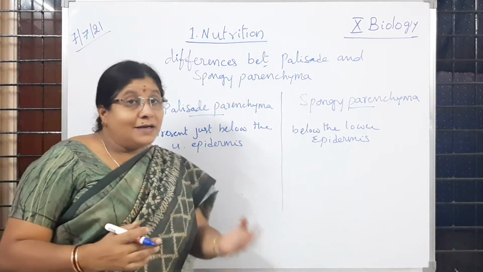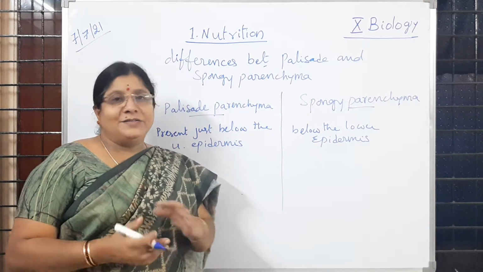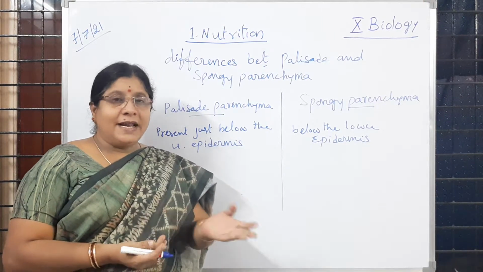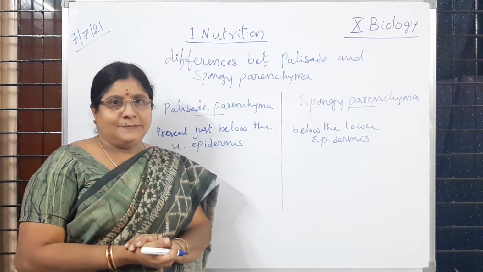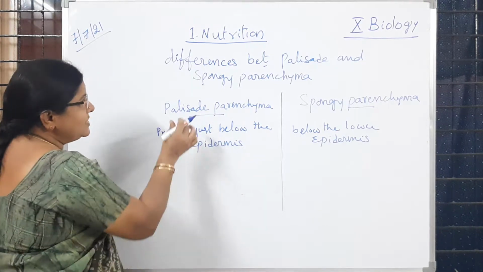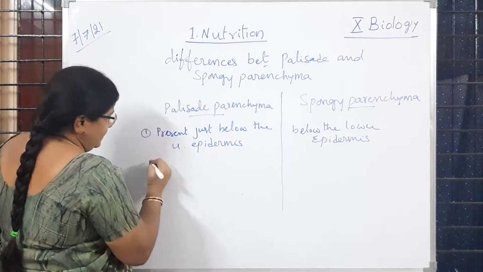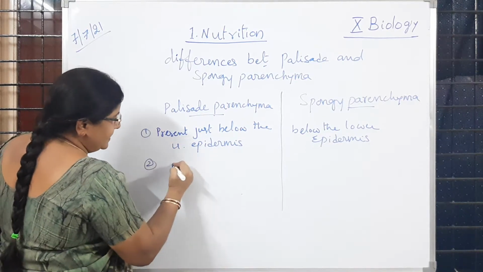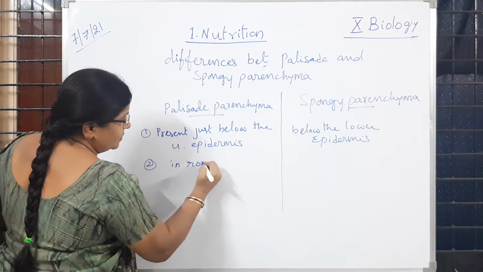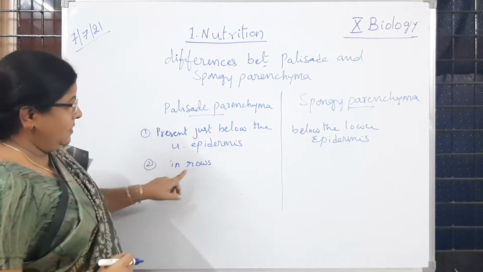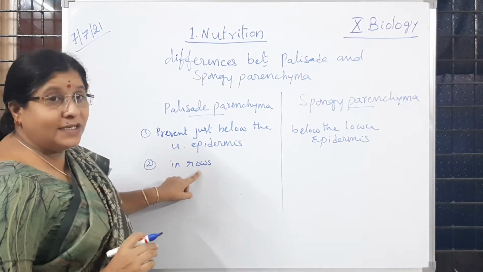Then what difference can we see? Arrangement of cells. Next, shape of the cells. Now how is the palisade parenchyma arranged? The cells are arranged in rows. Is it clear to you? Cells are arranged in the rows.